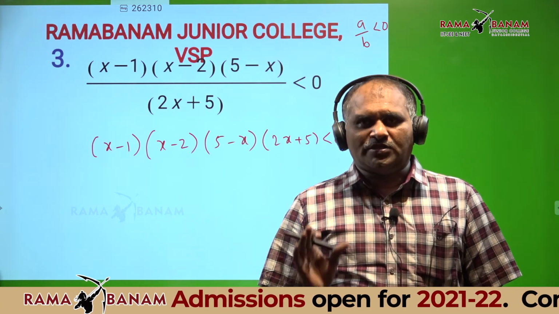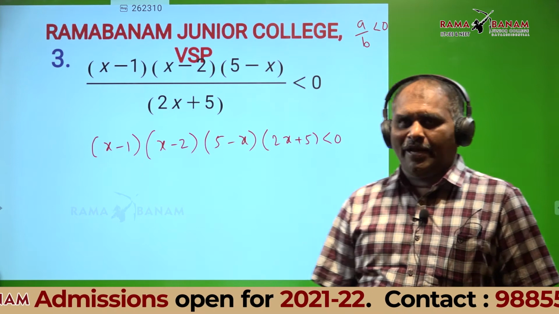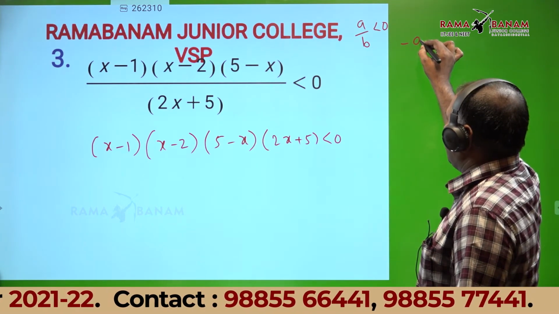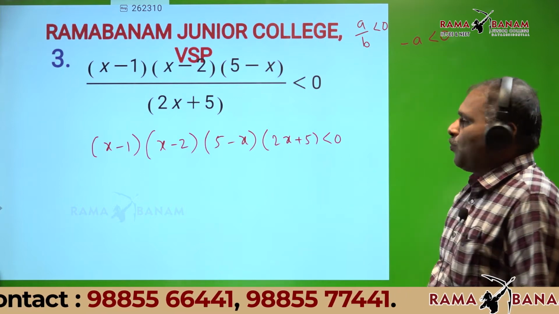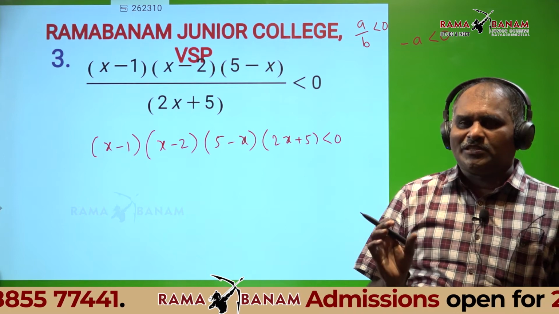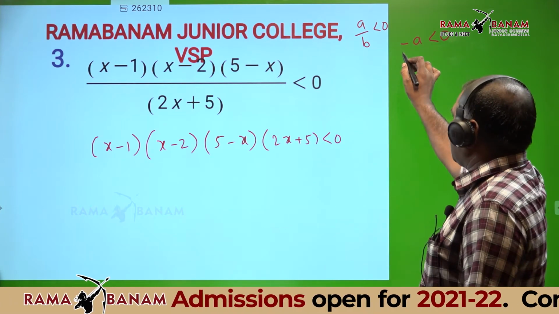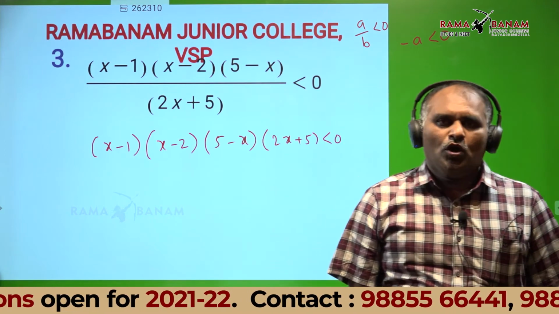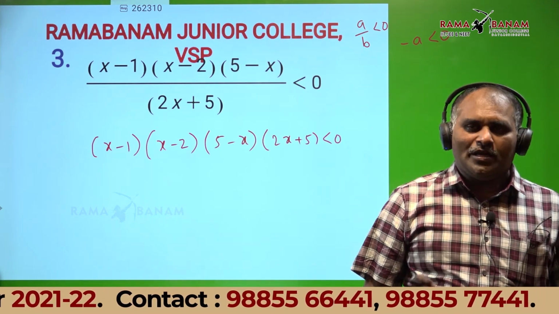It must be converted to positive. How to convert it? Here, listen. Say minus a is less than 0. When we multiply with the negative, what happens to the inequality?